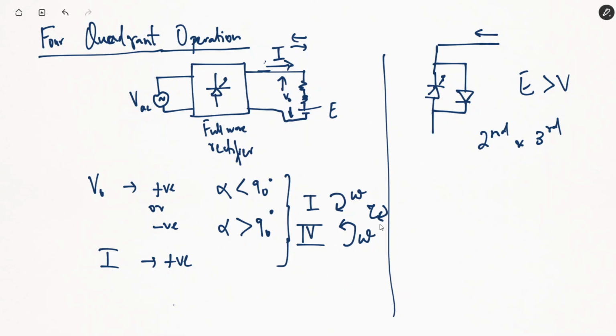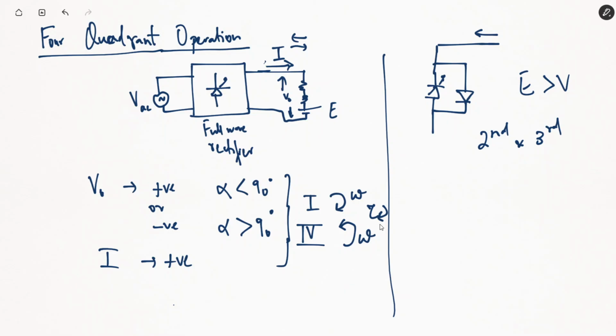Whereas now what we are doing is making an arrangement wherein, with any other switch, a MOSFET or an IGBT or even the thyristor, we can use a diode in parallel for bidirectional flow of current. But the diode itself will only be forward biased when the load voltage is greater than the source voltage.